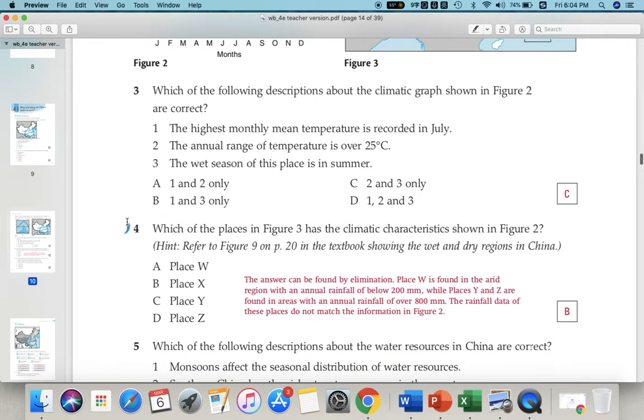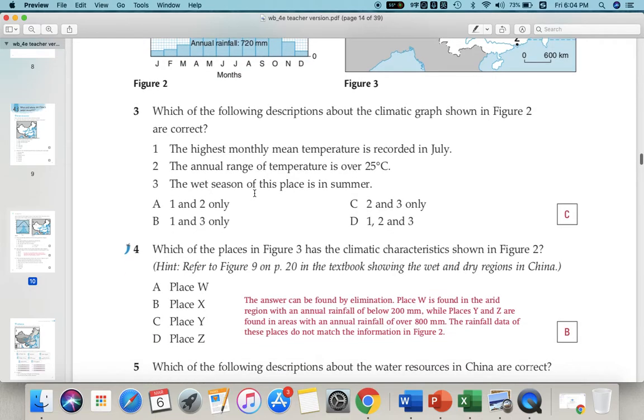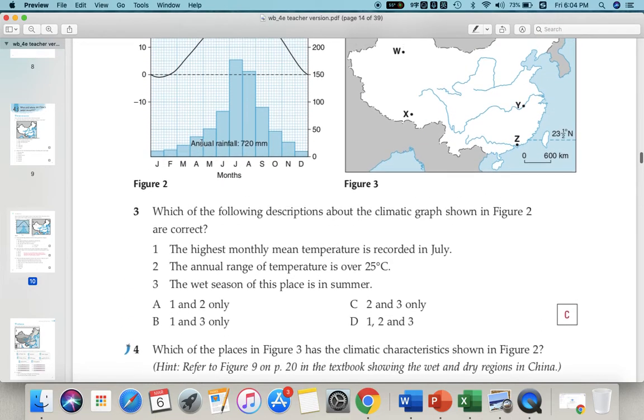Well, number 4, there's a Chile. This is a Chile question, a challenging one. You could see it asks you which places in figure 3 on the map here should match the climate characteristics in figure 2. So we should use elimination. We can see the annual rainfall here is 720 mm.